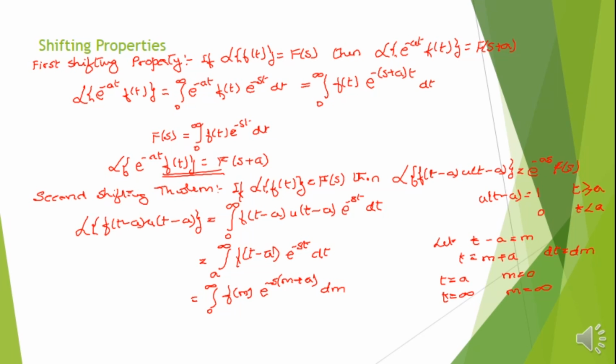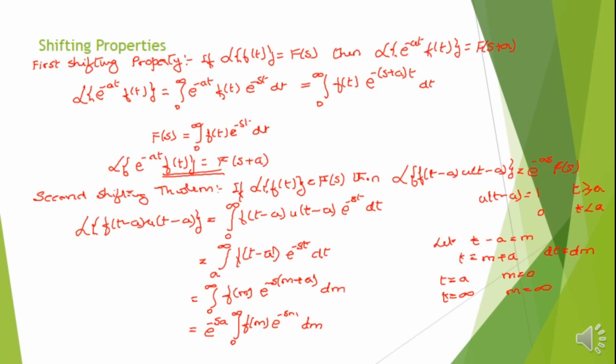So e to the power minus sa, here integration is with respect to m, so sa acts as a constant. So it is e to the power minus sa times the integral from 0 to infinity of f of m e to the power minus sm dm. Since it is a definite integral, irrespective of the variable m or t, it is the same.